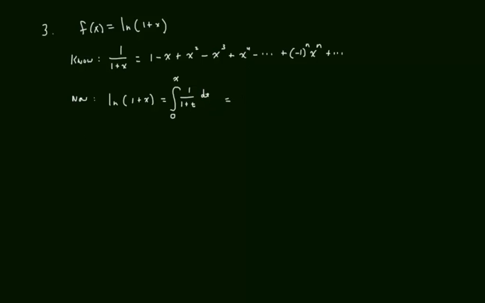Now I'm going to find the integral from 0 to x of the power series that we know for 1 over 1 plus x, written in a dummy variable. So it's 1 minus t plus t squared minus t to the 3rd plus dot dot dot plus -1 to the n t to the n plus dot dot dot dt.